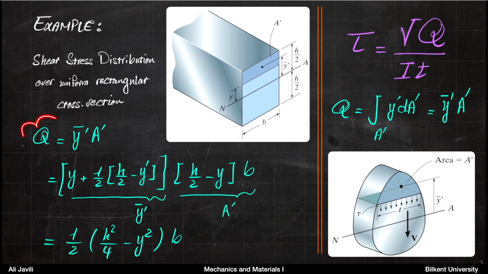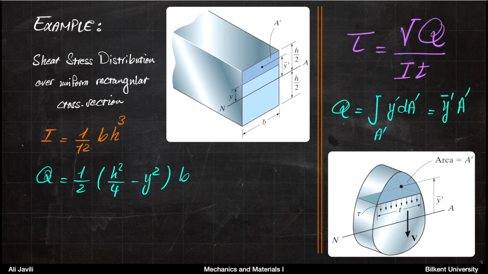Now you can see that your Q, your moment of area, is a quadratic function in y. So if you want to use this formula, tau equals VQ over It, now we know what is Q. I is standard for a rectangular cross section.